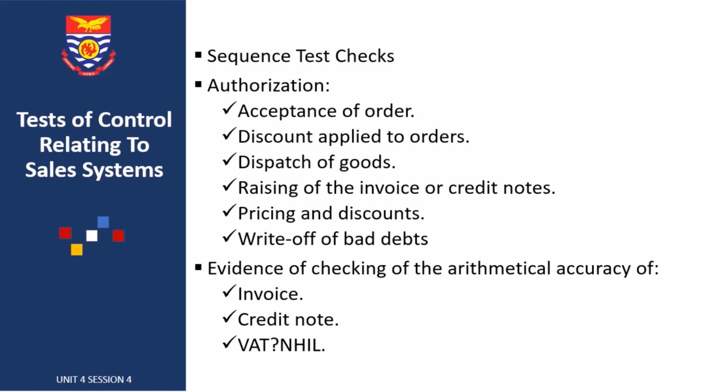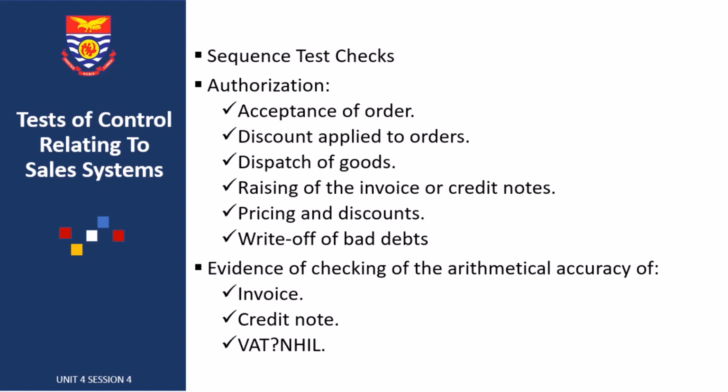When you come to authorization, we are looking at acceptance of order, discount applied to those orders, the dispatch of the goods, raising of the invoice and credit note, pricing and discount, write-off of bad debts are considered under authorization. So you check to see if these items have really been authorized before dispatching or giving it to the customer.